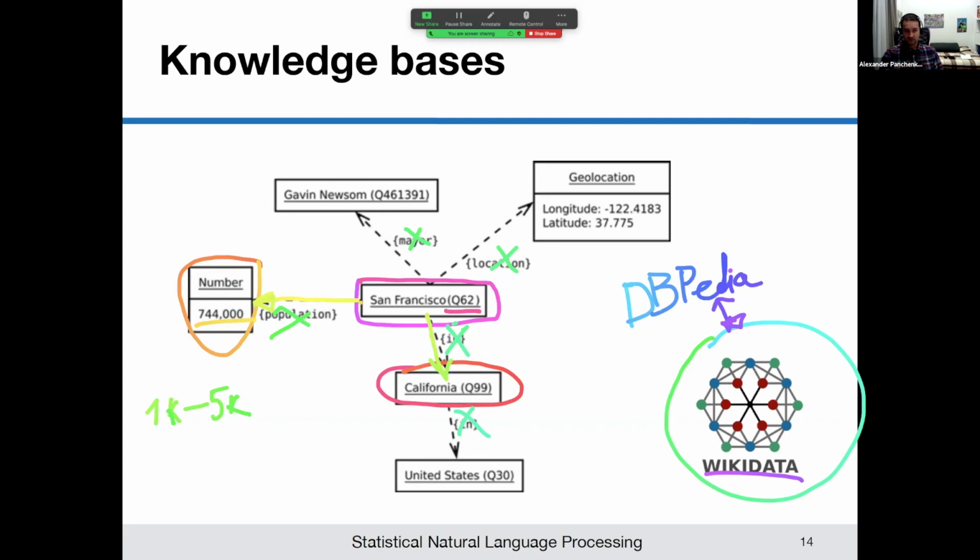If you have these types of relations, then you are able to perform some kind of structured query on this database and say, hey, I have United States, and then I can retrieve all the United States cities, and then I check whether the population of a city is more or less than 500K, and if it's more than 500K, then I retrieve another property, which is the mayor, and I output it, right?